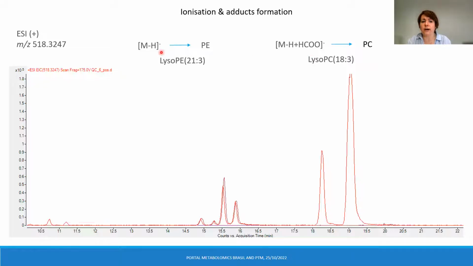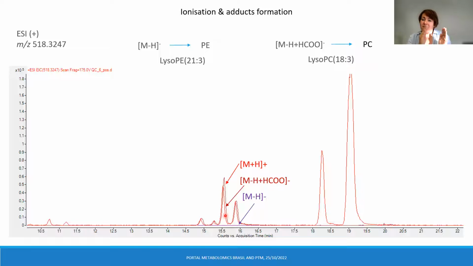So if I recalculate MZs adequately for the deprotonated and formate forms, what I will see, marked with the red color, are our protonated forms from positive ion mode, and I simply opened the file from negative ion mode, and I checked if there is an MZ for the deprotonated form. As we can see, there is no such signal, but I have a very clear, brown signal corresponding to the formate adduct.